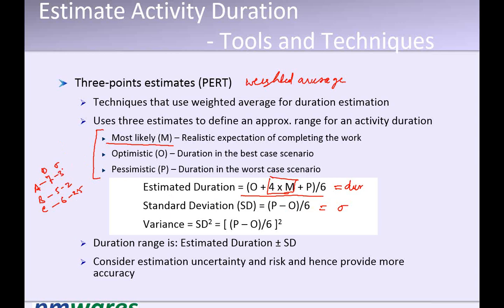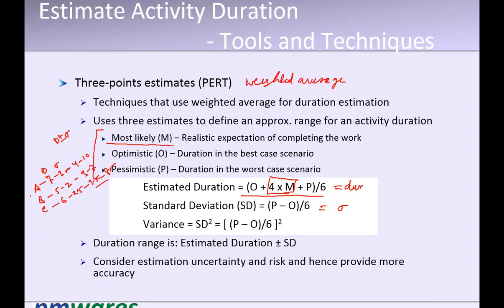Now when will the activity finish? It will finish somewhere between 4 to 10 days, meaning D plus or minus sigma. So we do not give a magic figure, we give a range. This activity will finish between 4 to 10 days, this one between 3 to 7 days, and this one between 3.5 to 8.5 days.